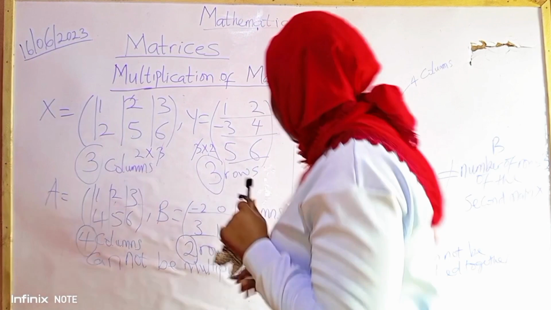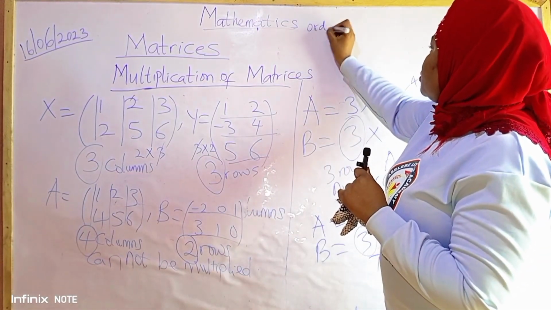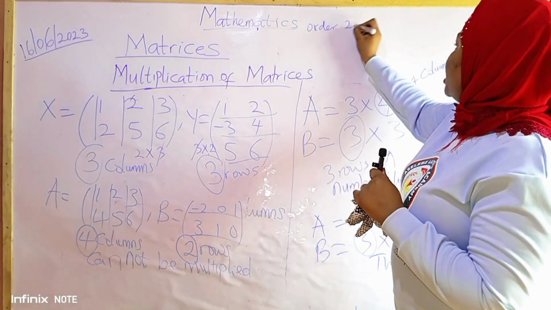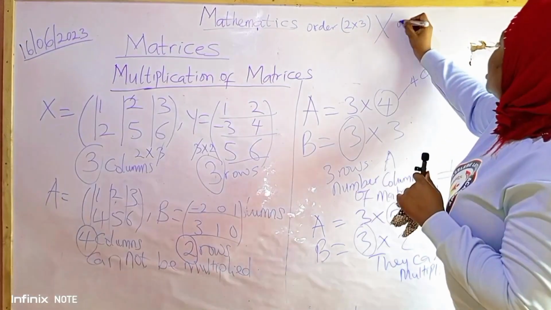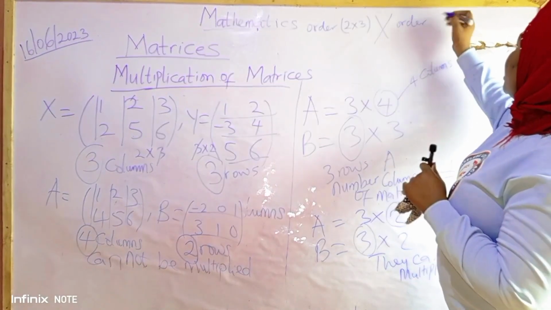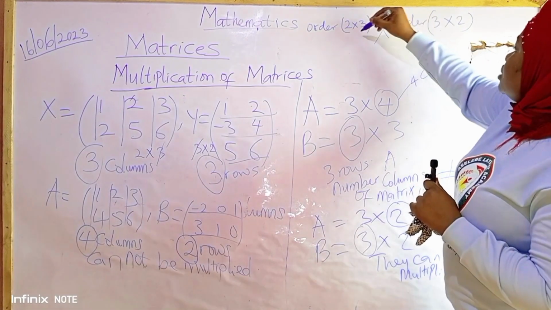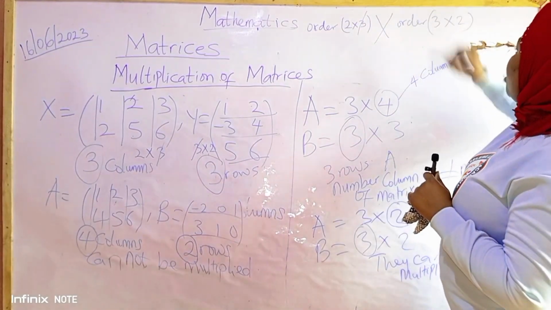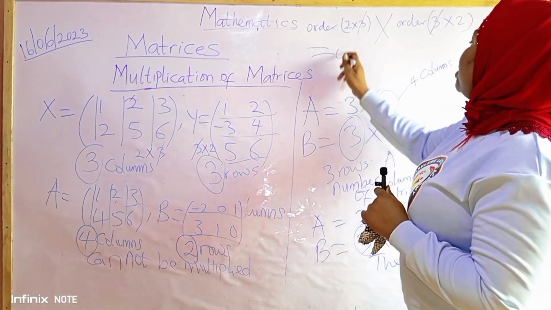So if we want to multiply order 2 by 3 by order 3 by 2, what we're going to do is cancel this column and cancel the row of the second matrix.